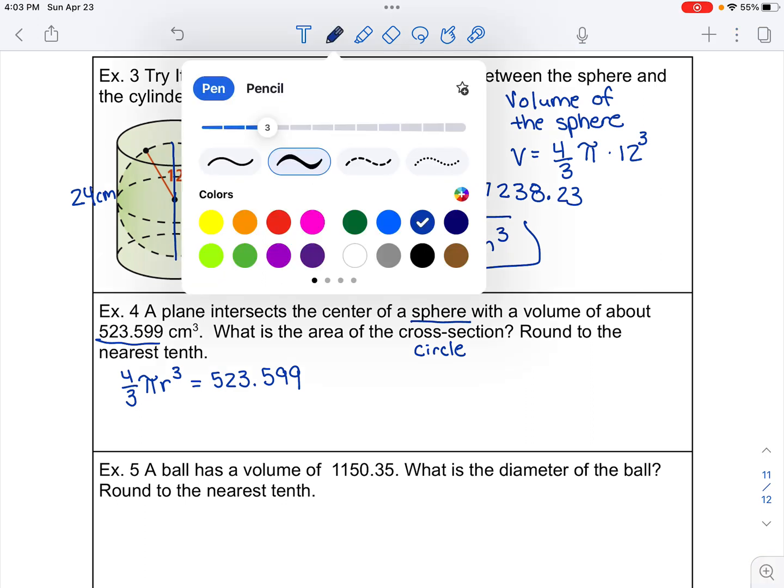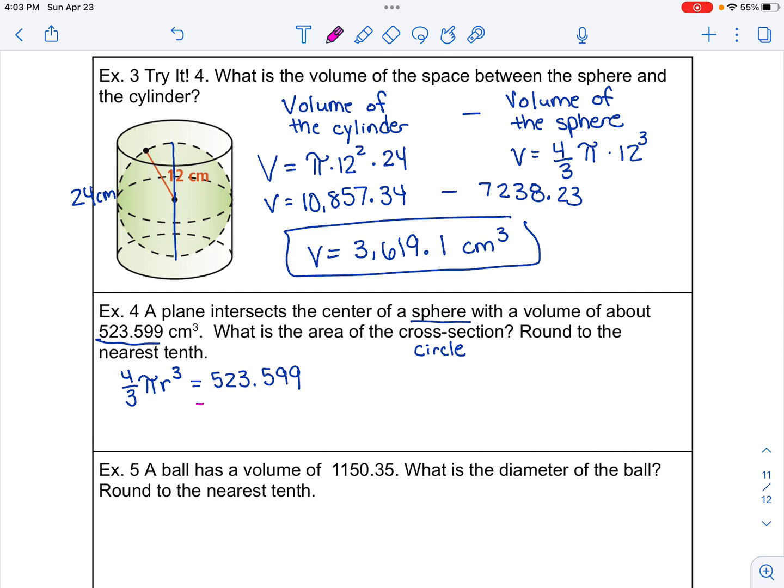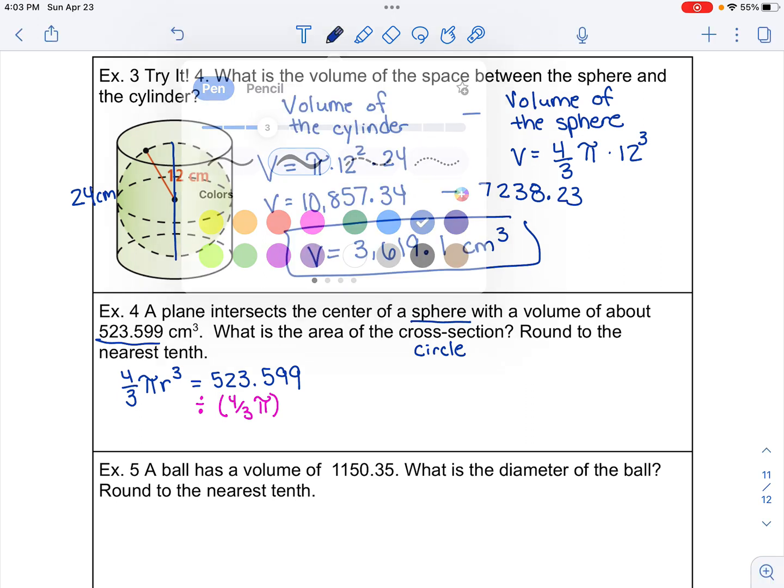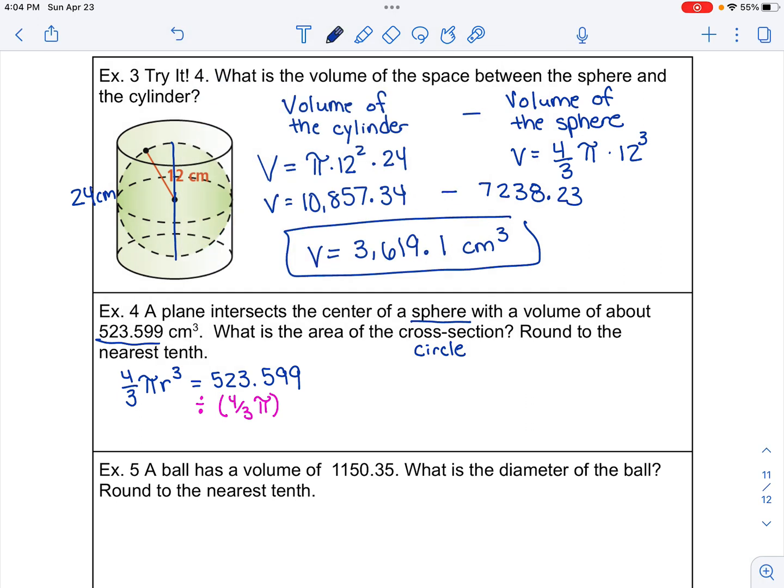If you have a parenthesis button on your calculator, you can put 4/3 pi into a parenthesis, then divide by it all at the same time, like 523.599 divided by parentheses 4/3 pi. If you cannot do that all at one time with a parenthesis button on your calculator, do them individually. If we did that, this comes out to r cubed.